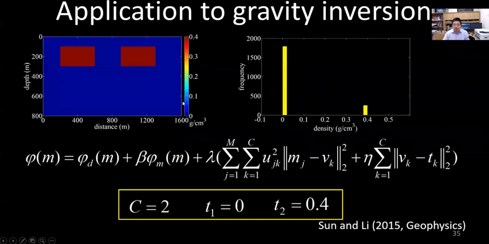Back to this problem here, we can summarize the information in this histogram by assuming C equal to 2, that is, two clusters. We also know that the possible density values are 0 and 0.4. Therefore, our target cluster centers are 0 and 0.4. With these three parameters, you can now go ahead and minimize this objective function.